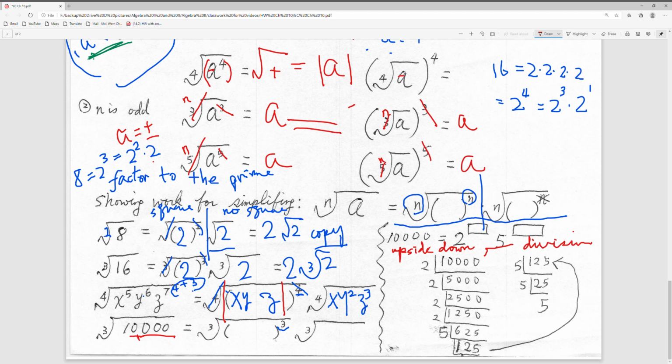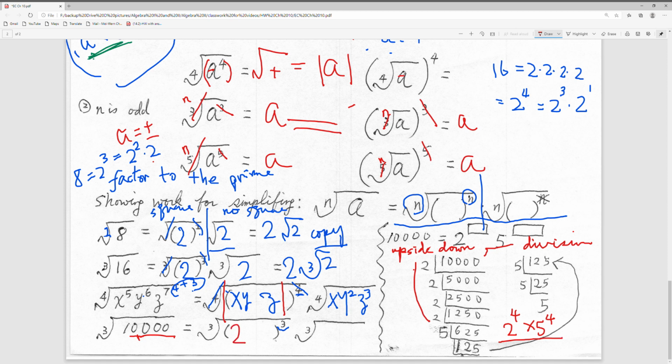Okay? So first you divide by 2 and keep going. I have no space, so I keep going to divide by 5 here. So basically this is 2 to the 4th times 5 to the 4th degree. So 10,000 is 2^4 times 5^4.